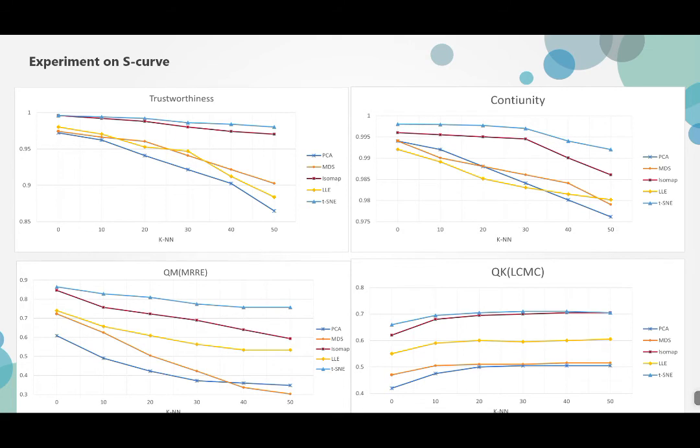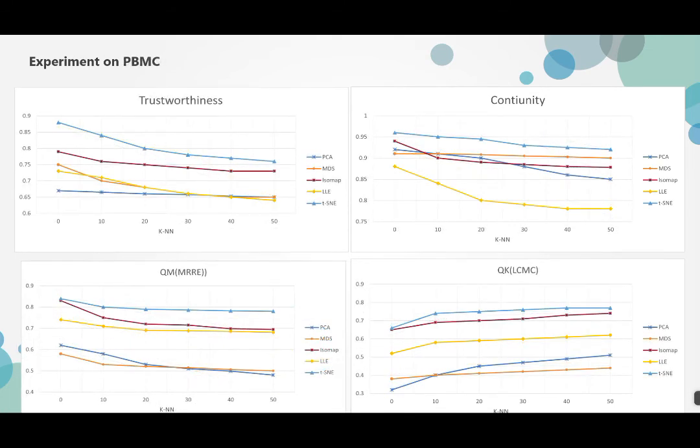The final experiment is on the dataset PBMC. Obviously, in this experiment, the same metric varies greatly in the results of different DR algorithms. It is worth noting that in the last picture, under the evaluation of LCMC, the dimensionality reduction result of PCA is better than that of MDS, which is contrary to the first three parts of the experiment.